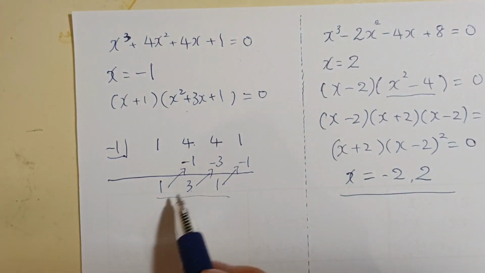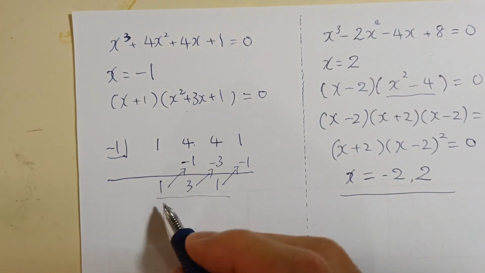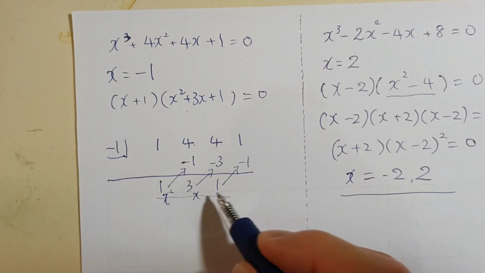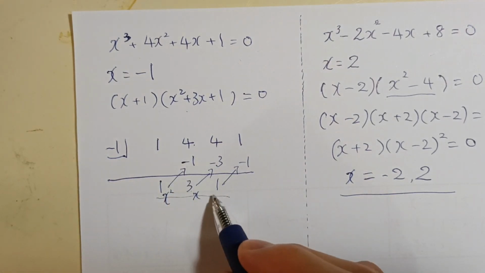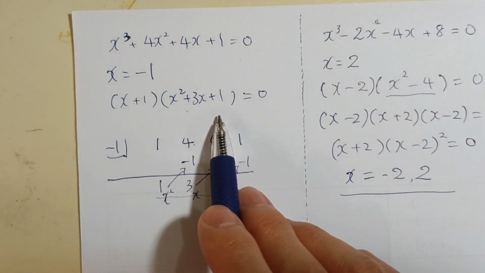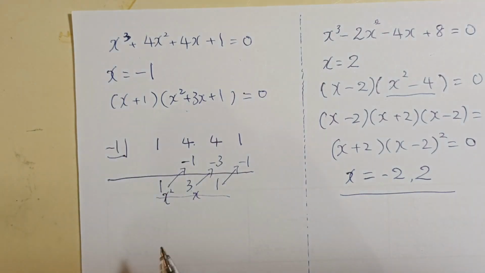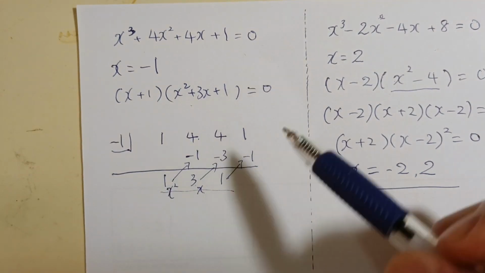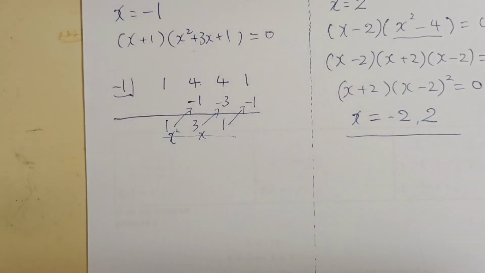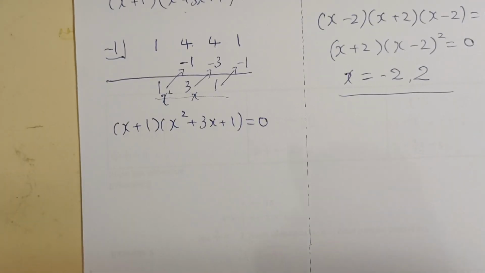So this one is coefficient of x squared, coefficient of x, and then constant, isn't it? Okay? So you arrive at the same expression here. Then I just rewrite this one on the bottom of this expression. Right.